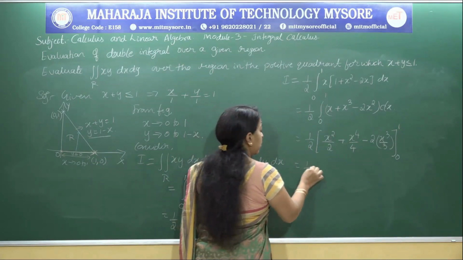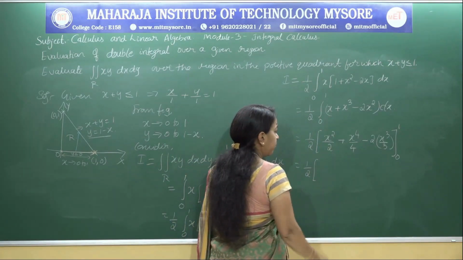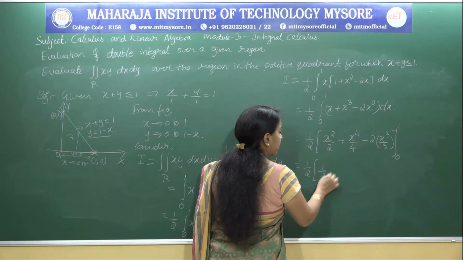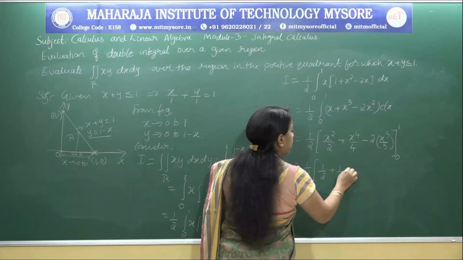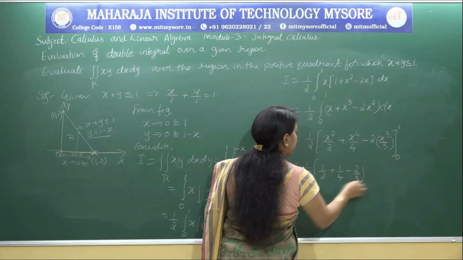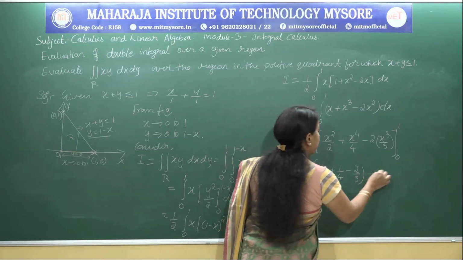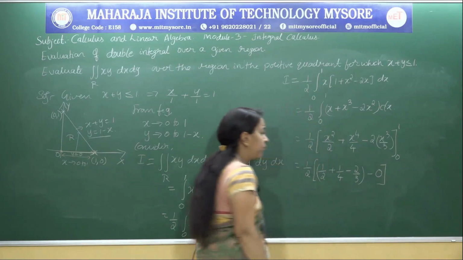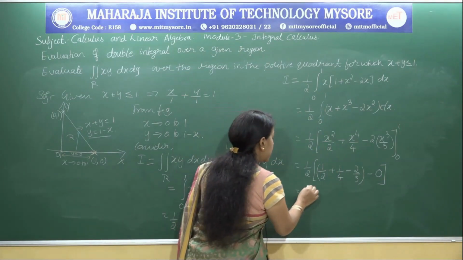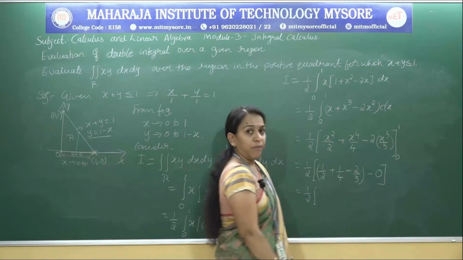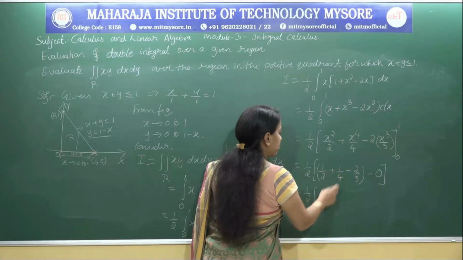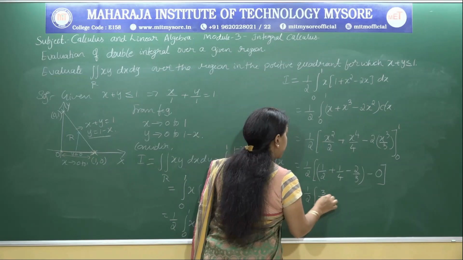Apply the limits now. 1 by 2 into, for the upper limit x equal to 1, 1 by 2 plus 1 by 4 minus 2 by 3, and the lower limit x is 0. Simplify this: 1 by 2 plus 1 by 4 is nothing but 3 by 4.